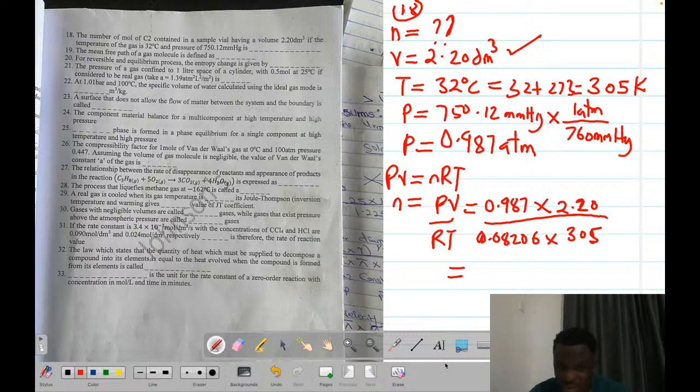Okay, since the network is bad, I will just end the class here. The remaining ones, I will solve and send to the group chat with full explanation, before 6 p.m. today. I'll solve number 18 to 33 and share on the group chat. If you have any other question, you can ask me.